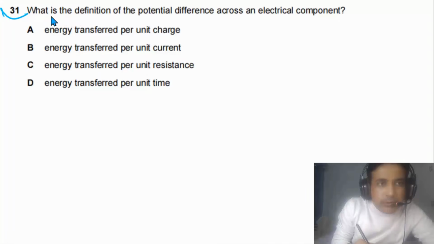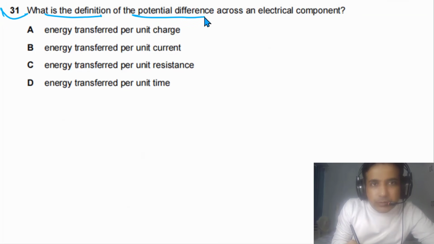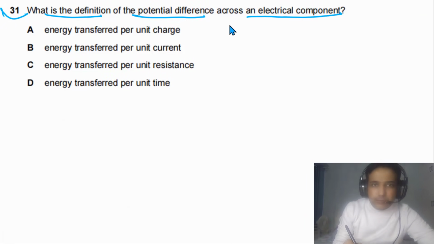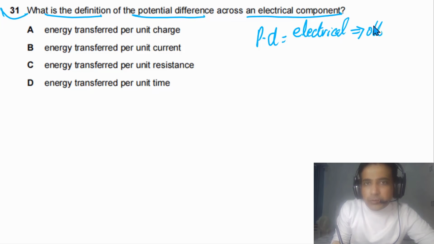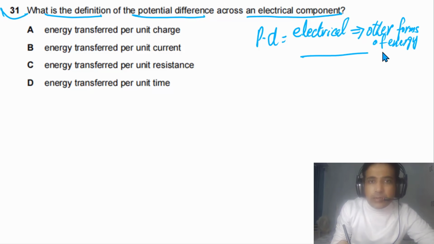Question number 31 says, what is the definition of the potential difference across an electrical component? Potential difference is simply equal to the amount of electrical energy converted into other forms of energy per unit charge.